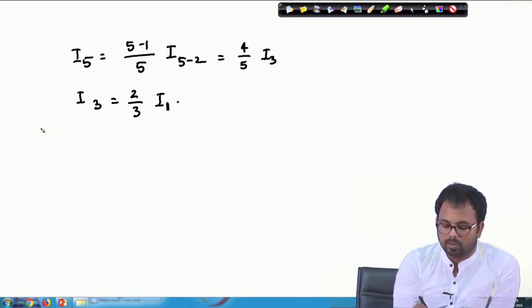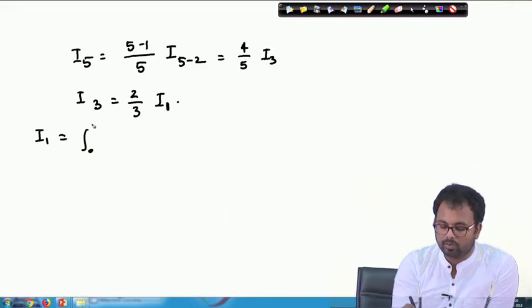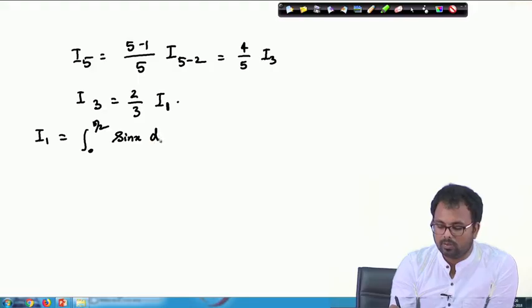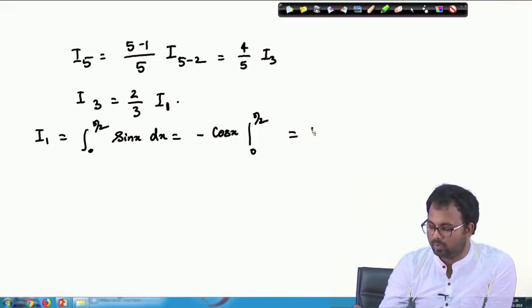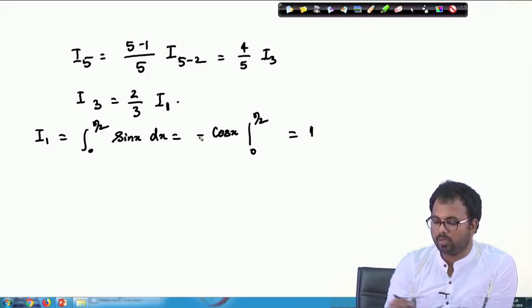So what is our I1? Our I1 is the integral from 0 to pi by 2 of sine x dx. The integral of sine x is minus cos x, from 0 to pi by 2. So cos pi by 2 is 0, and cos 0 is 1, so this is basically plus 1 because we have a minus here.